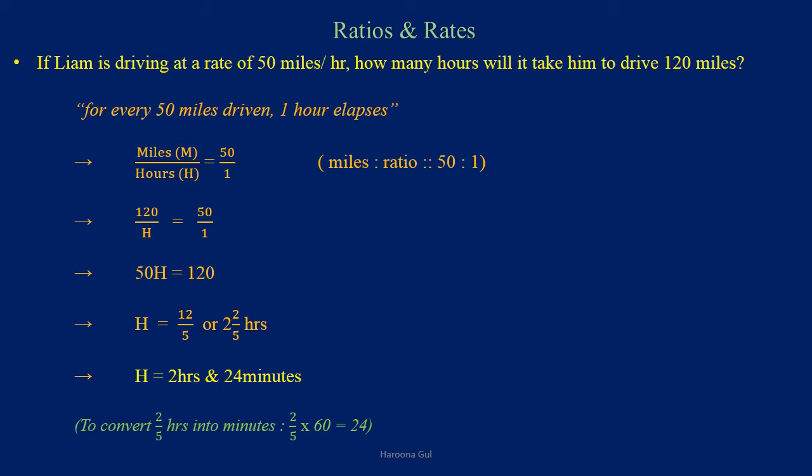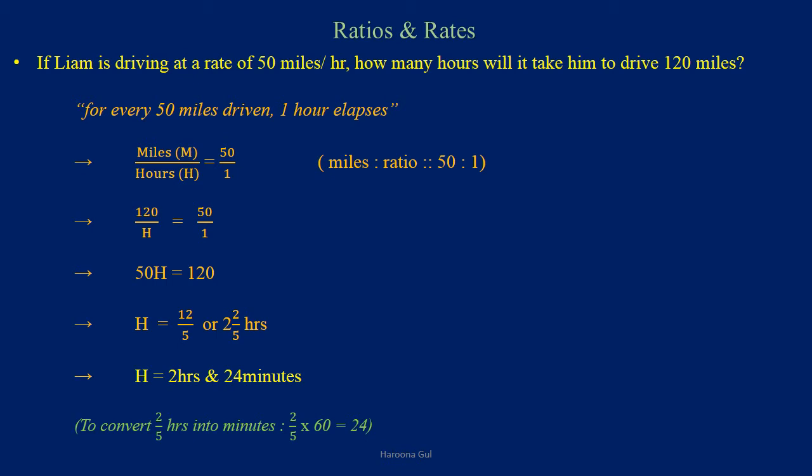And we have been given the value of miles, which is 120, so we're going to put it in the equation. So 120 divided by hours is equal to 50 over 1. When we cross multiply, we get 50h is equal to 120, and our answer would be 12 over 5, that is 2 and 2 by 5 hours.